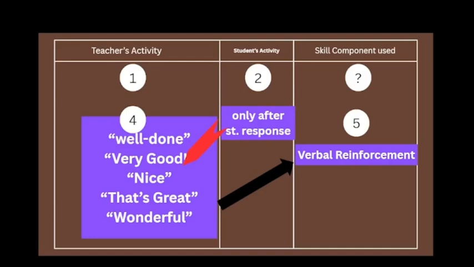But after the student's response that is listed here as 2, the teacher is giving some responses such as well done, very good, nice, etc. And towards this, in the last column, we have to mention what type of reinforcement is given here. I hope this is understood and will be kept in mind while preparing the learning plans for this practice.